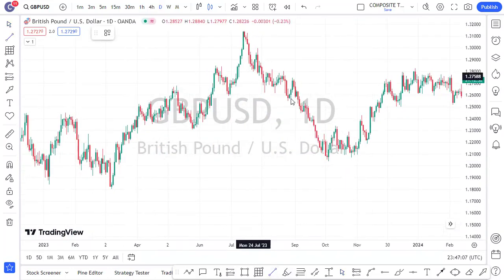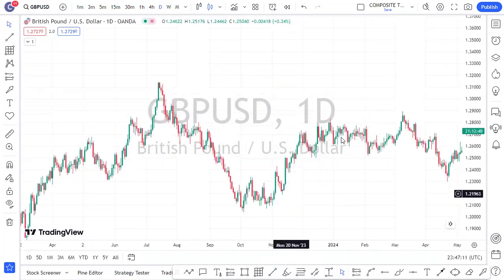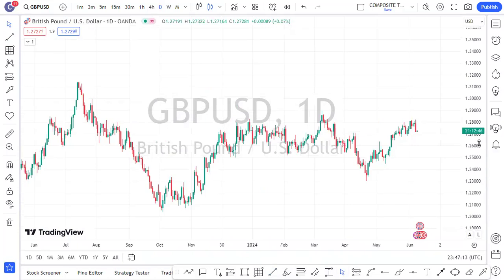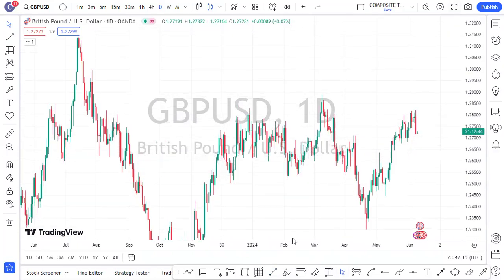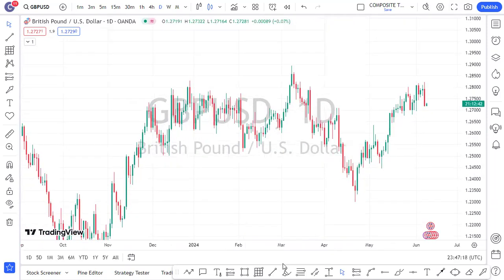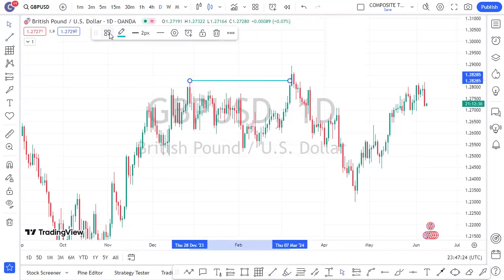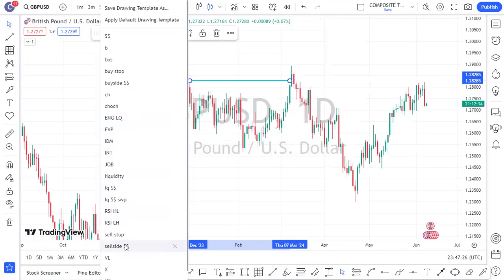You can see from this structure where the price is right now, the last sell stop was here.